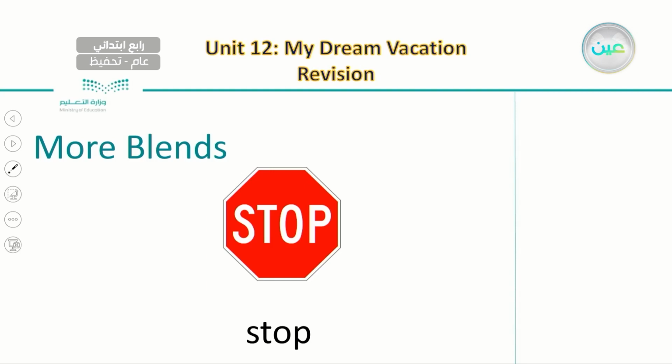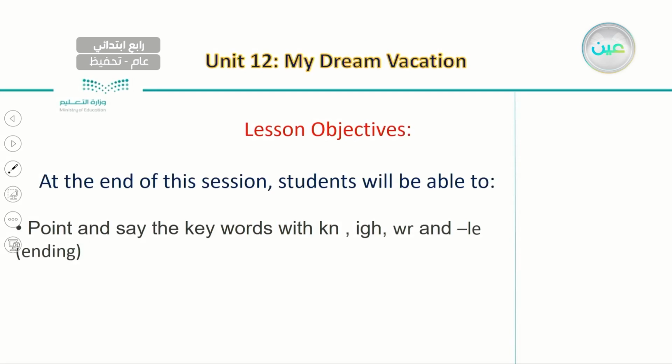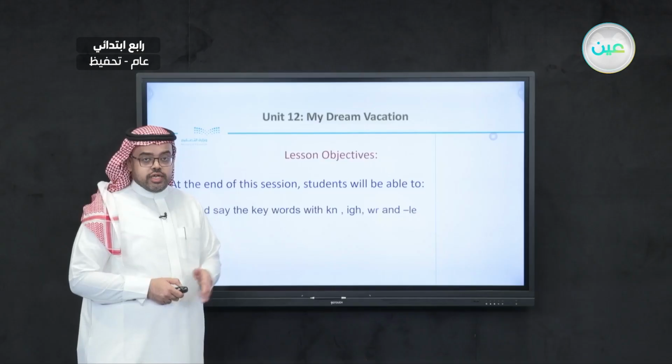And then the other blend or sound blend we have, which is S and T, like the word stop, which is a sign we usually see on the streets to stop without moving. So now let's get to know our objectives in today's lesson.